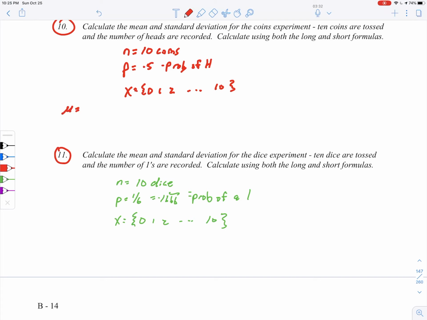And then the variance will be the sum of, I'm going to use the easier formula here, the computationally equivalent formula.